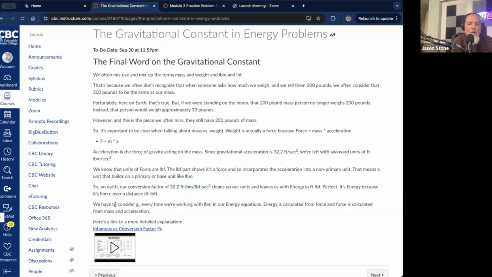So every time we're working with pounds mass in our energy equations, we have to consider the G sub C. And that's the difference when you asked what's the difference between the first 32.2 and the second 32.2. One of them is G, gravitational acceleration. The second one is G sub C, and G sub C is a conversion factor.